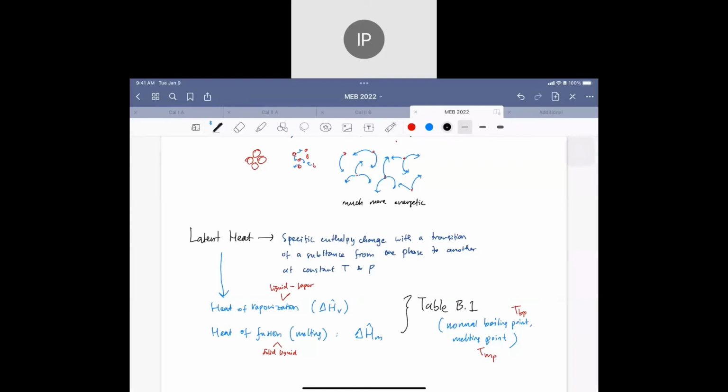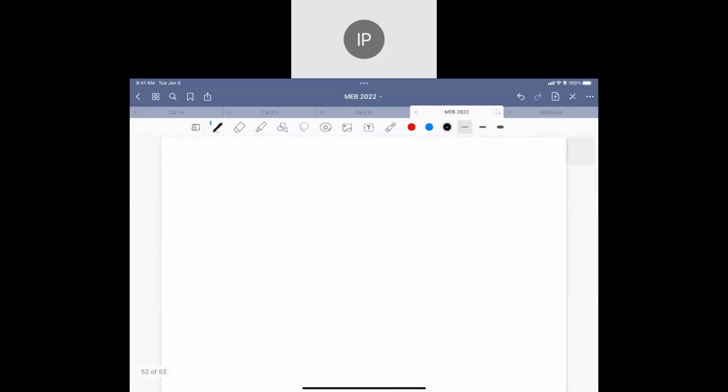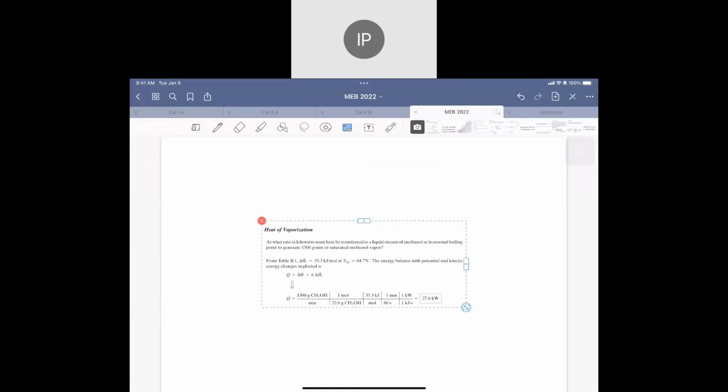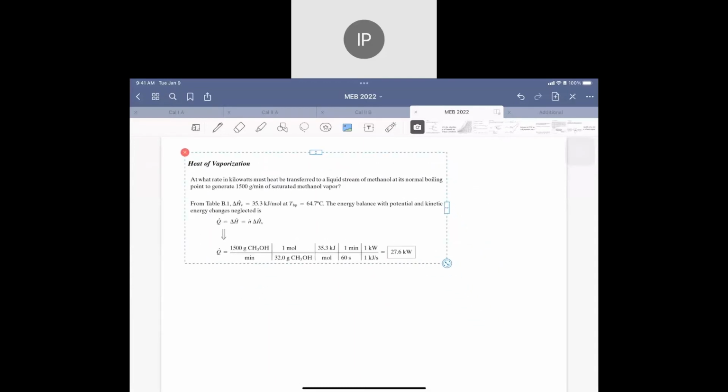So we discussed until the latent heat. Okay, let me move to another slide, giving you more context on this heat of vaporization.